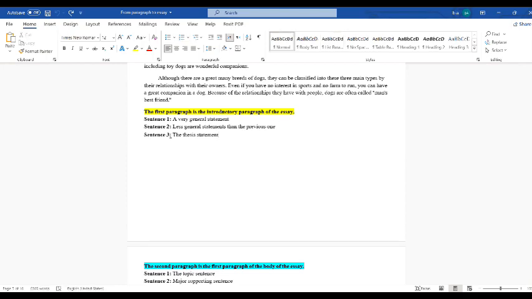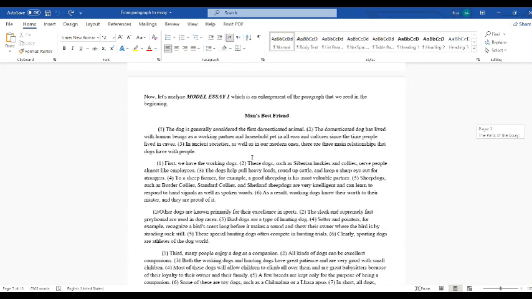Sentence number 3 is the thesis statement. Let's see the thesis statement. In ancient societies, ancient like old, as well as in our modern ones, there are three main relationships that dogs have with people.